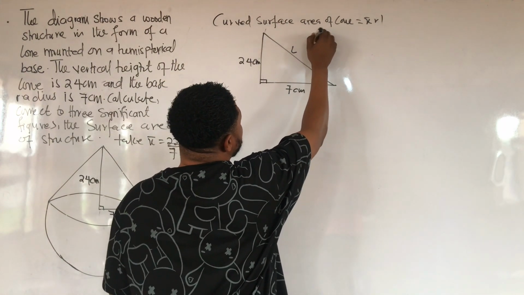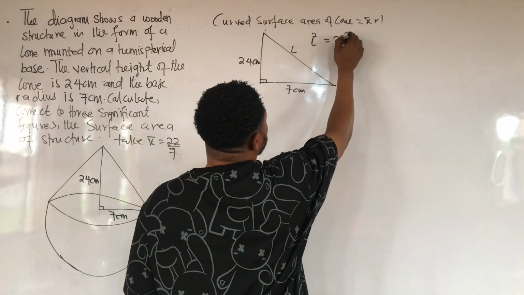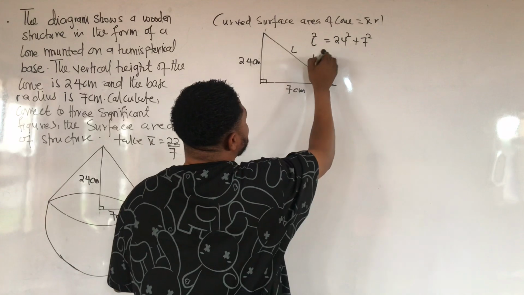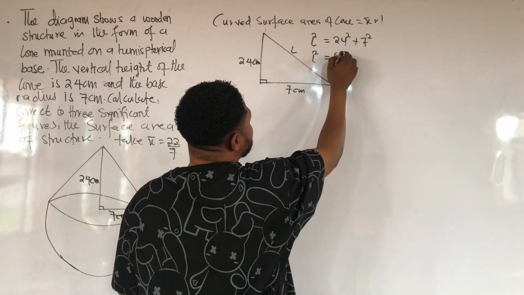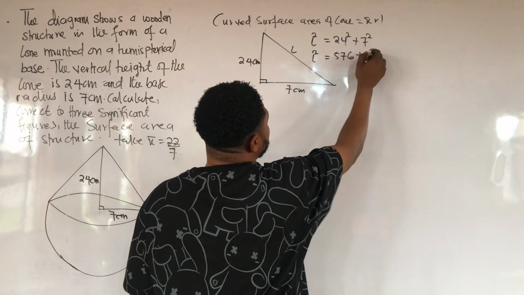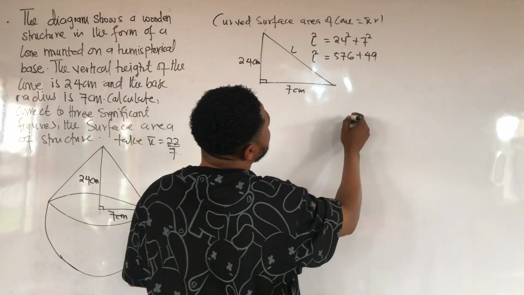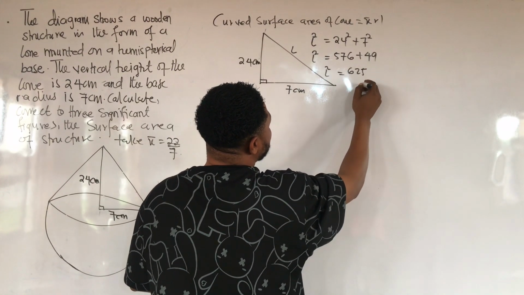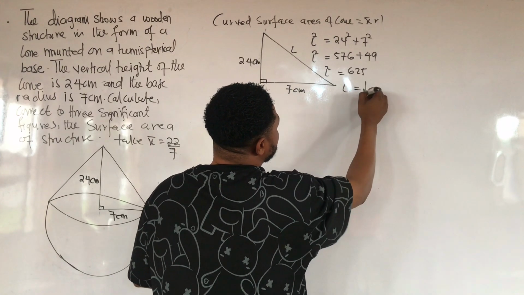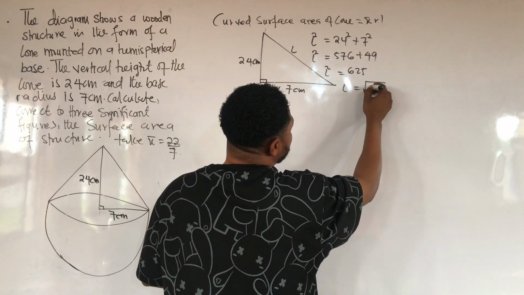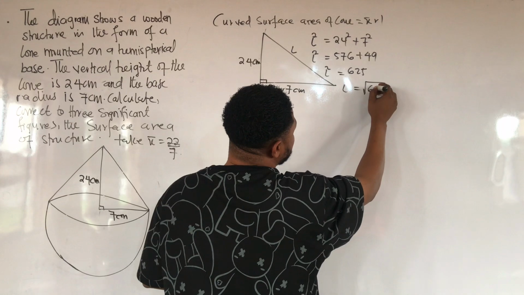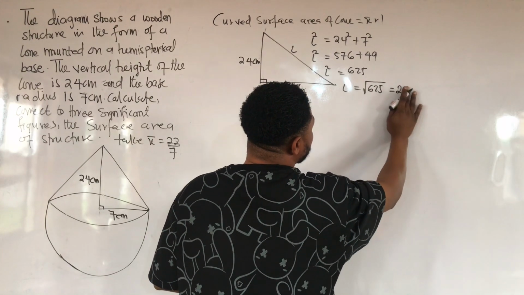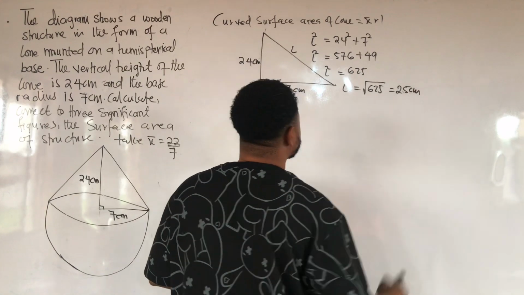So L squared should be equal to 24 squared plus 7 squared. This will give us 576 plus 49. Our L squared will give us 625, and our L, which is the slant height, will be the square root of 625, which gives us 25 centimeters.